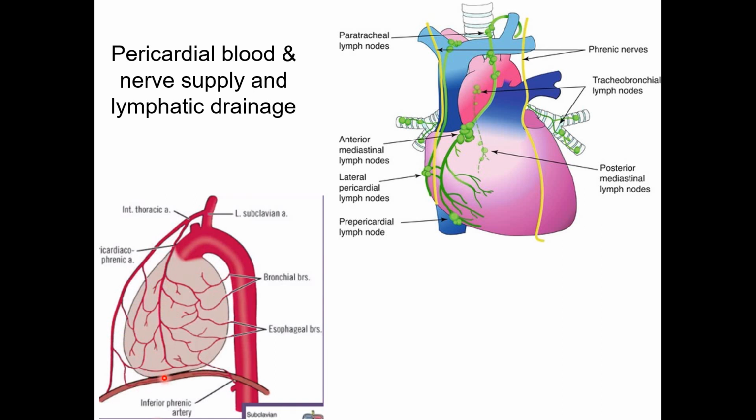From below, we have the superior phrenic arteries اللي هي جاية من descending aorta, also will supply the fibrous and parietal pericardium. And from behind, we have the pericardial branches that arise from the descending thoracic aorta.